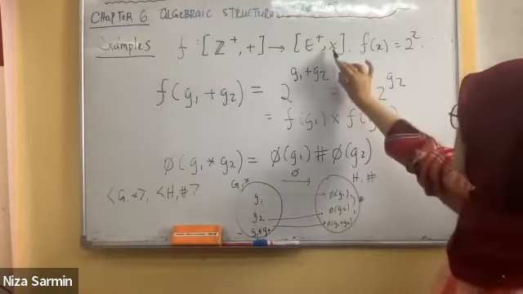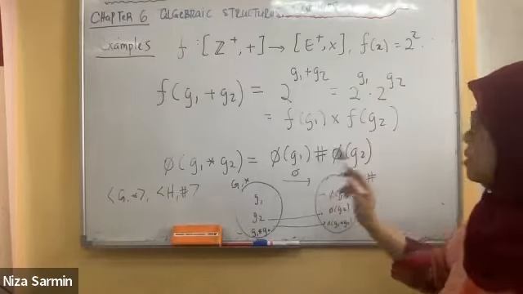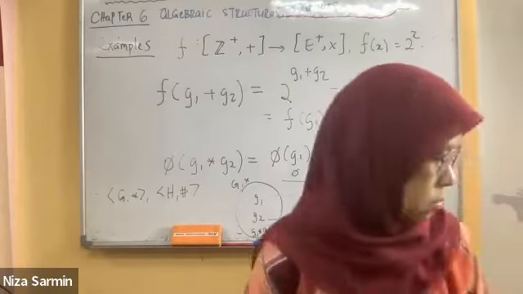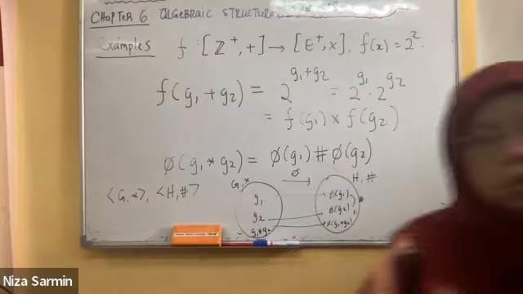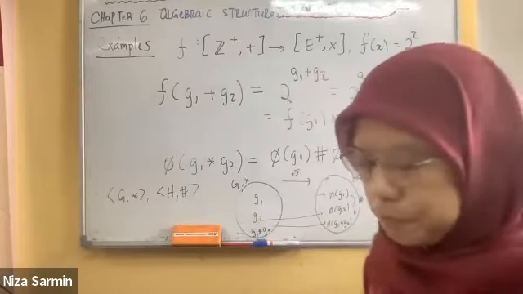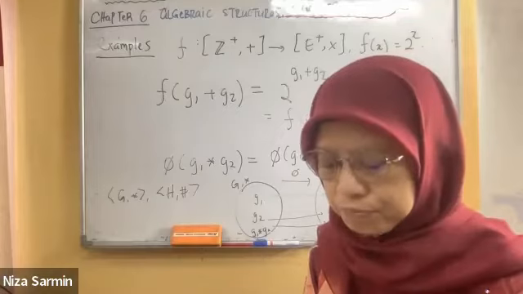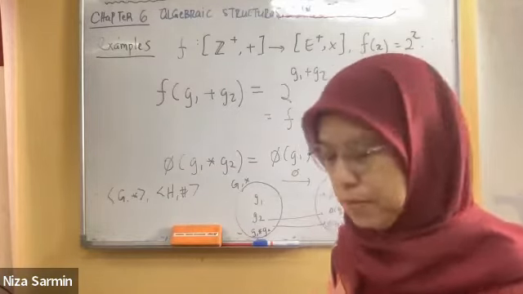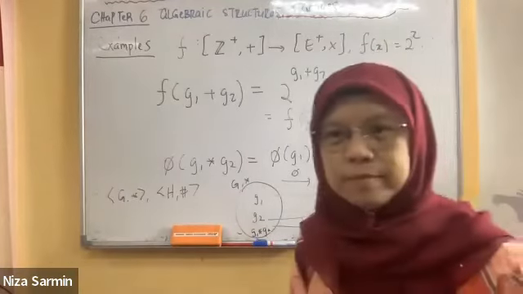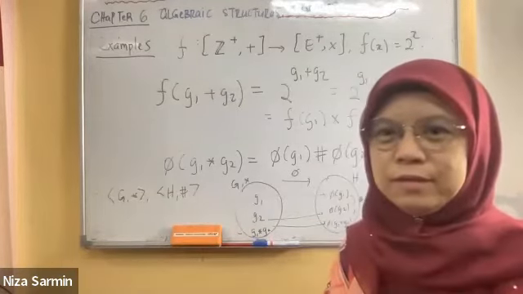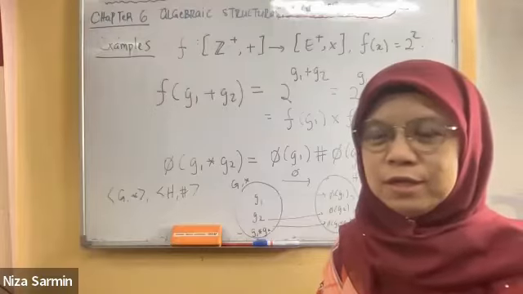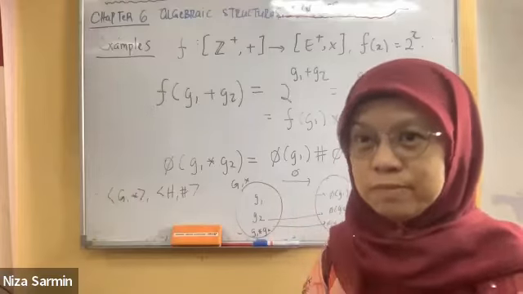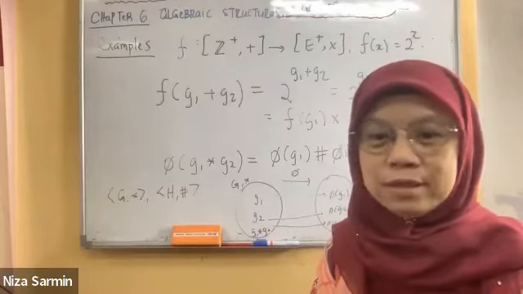Now it's a cross, which is this. So the mapping is a homomorphism. Is it okay? The calculation is not that difficult, but you have to know how to use the operation.